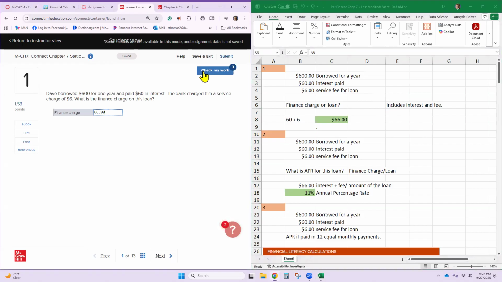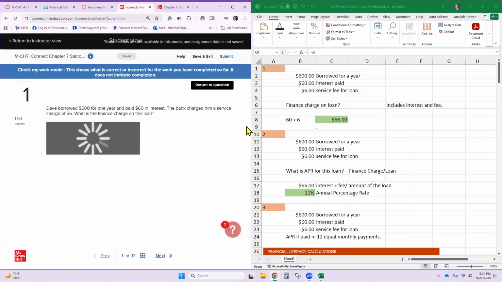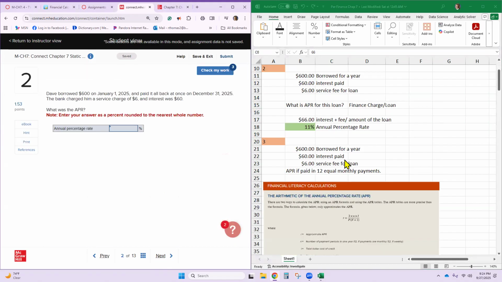Okay, and then the second one has to do with that same problem. So if Dave borrowed $600 on January 1st and paid it all back at once on December 31st, so he made an annual payment at the end of the year, the bank charged him a service fee of $6 and the interest was $60.